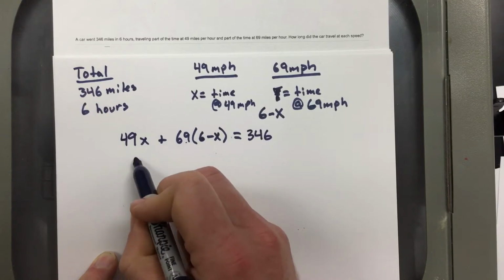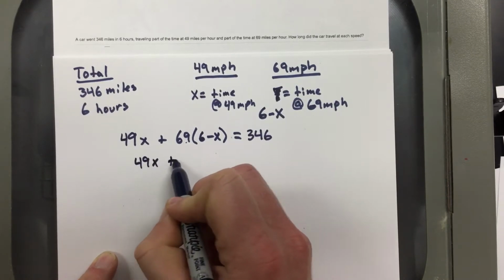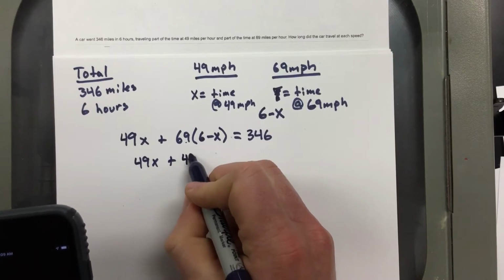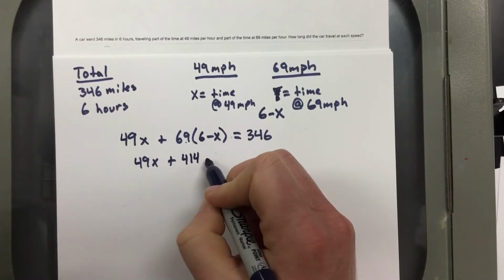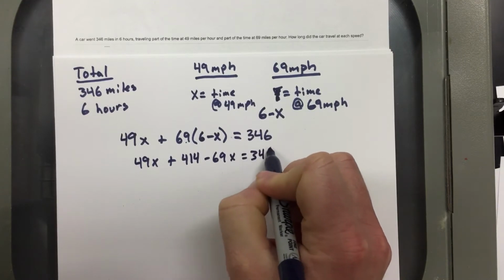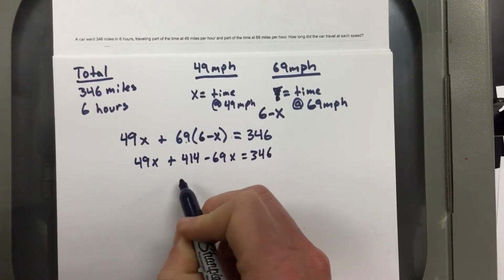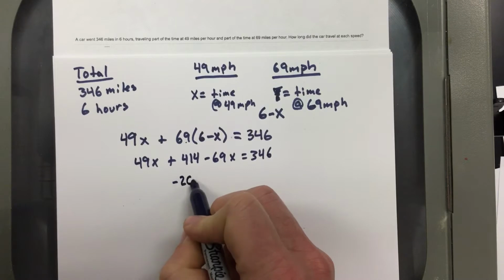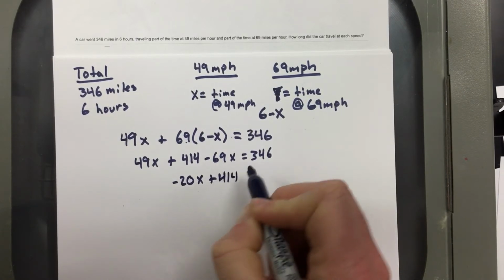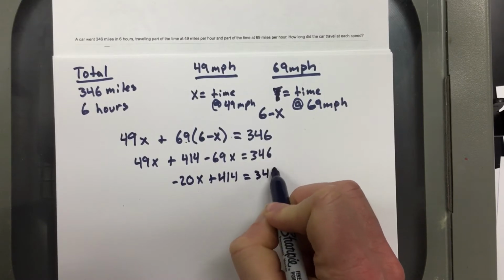Distribute, and I get 49x plus 69 times 6, that's 414, minus 69x equals 346. Combine like terms, you get negative 20x plus 414 equals 346.